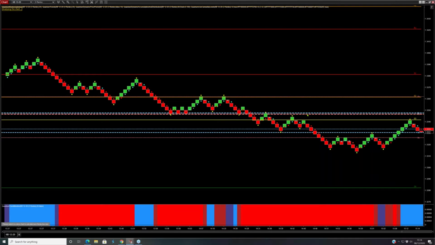As lines get thicker, those levels become more important, and you will need more volume to break through those levels. Price will bounce off them when they're retested, and sometimes if you are in a downtrend and there's a failure to break, you could possibly use it as a potential re-entry or adding on of positions.